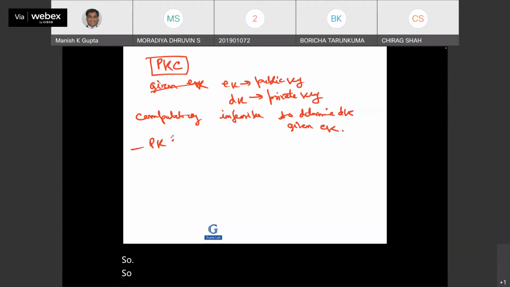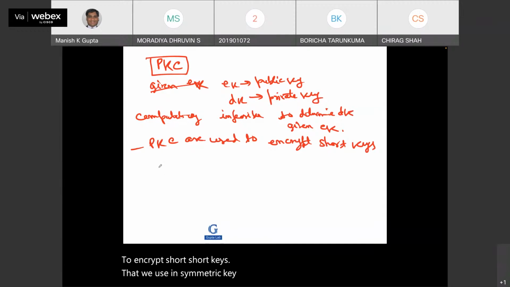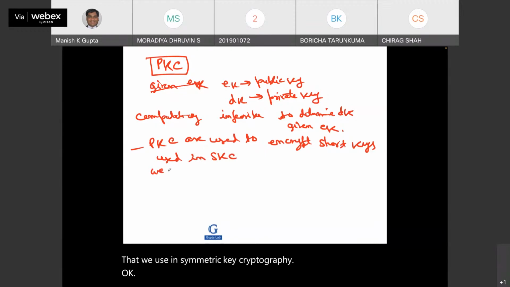Basically, PKC is used to encrypt the short keys that we use in symmetric key cryptography. We encrypt data using, for example, AES, Advanced Encryption Standard, which we talked about.